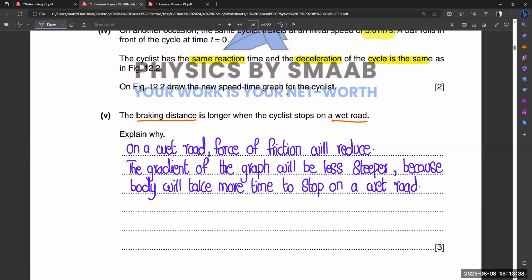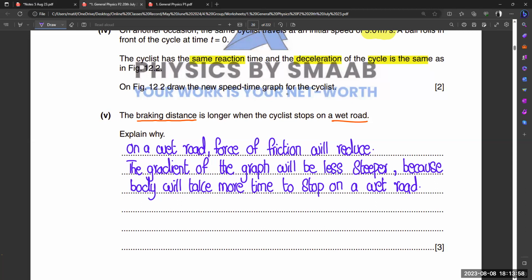So you may also write that braking distance actually depends upon the condition of the road. If we have a slippery or a wet road, braking distance will be greater, because that is a general factor on which the braking distance depends.